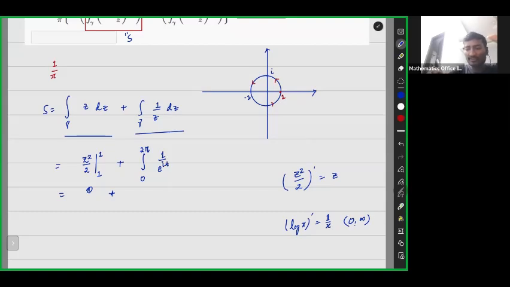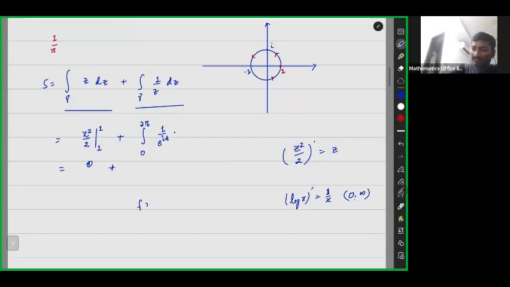The integral of f of z over gamma is the same as the integral of f of gamma t into gamma prime t dt.